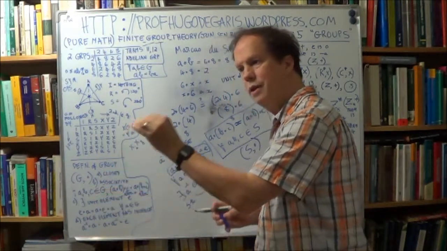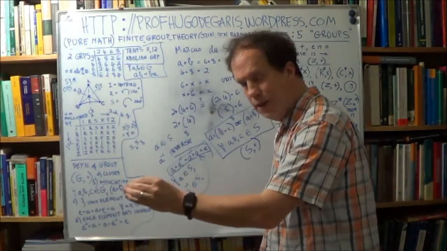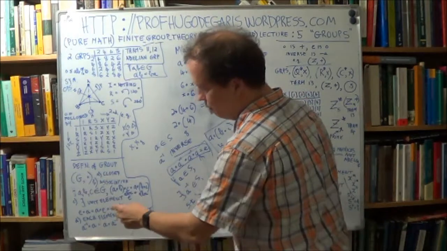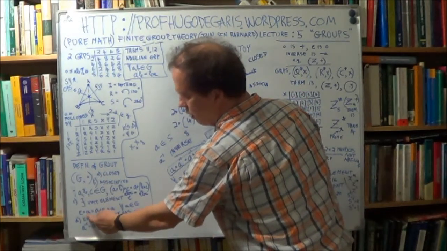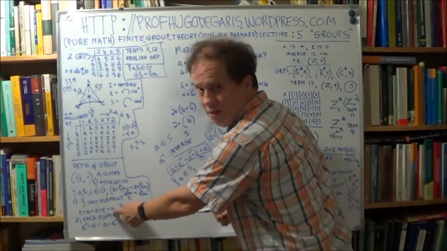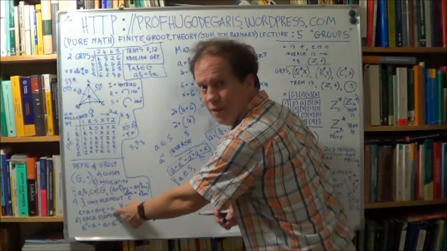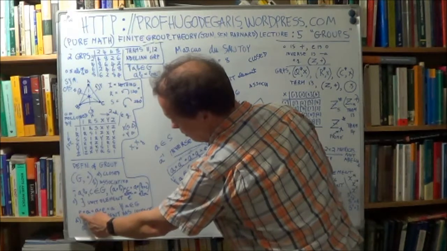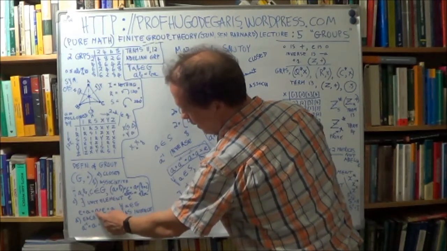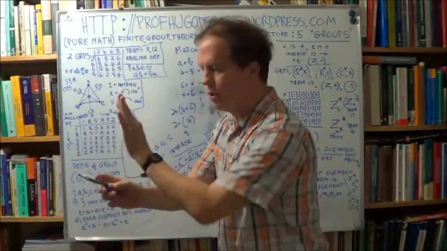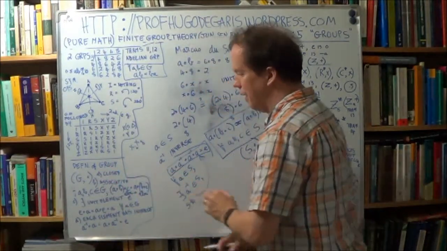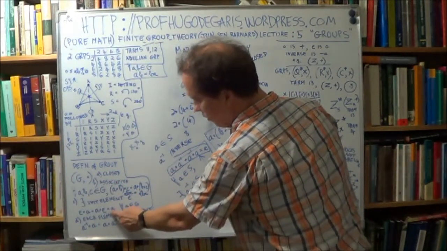It's one particular element from your set, and if you perform a binary operation with that unit on any other element, you'll get that other element, right? So in other words, EA is the same as AE. So you can put the E either to the left or to the right of the other element, and you'll still get the other element.